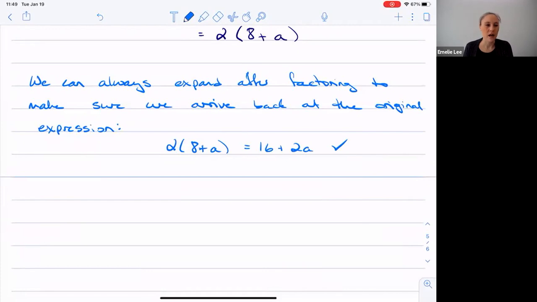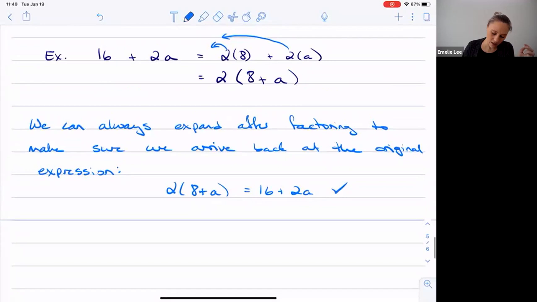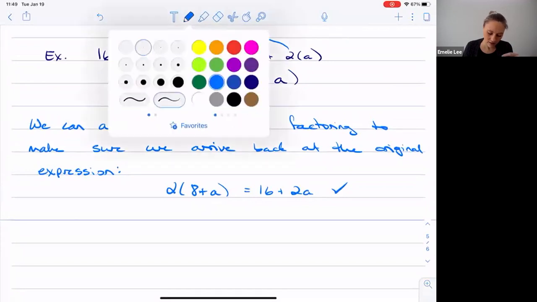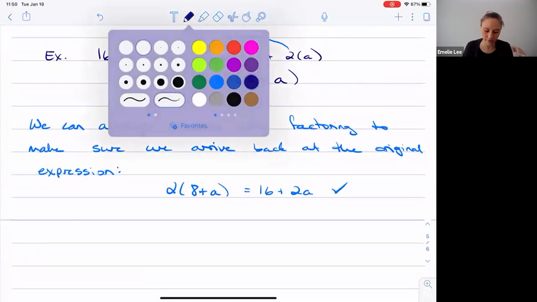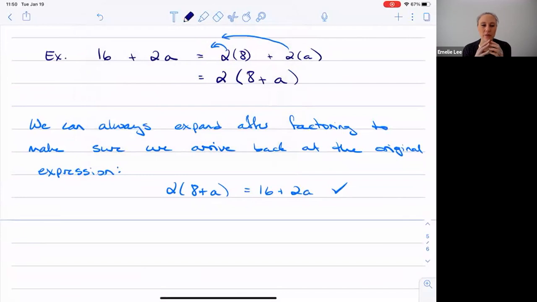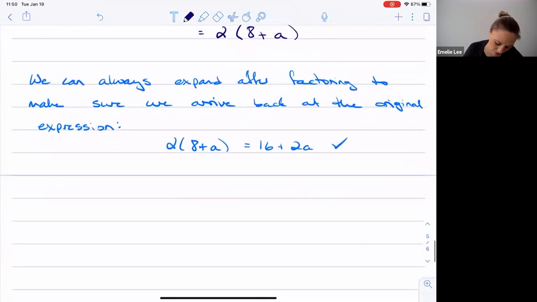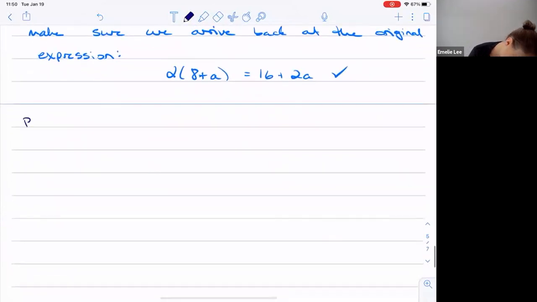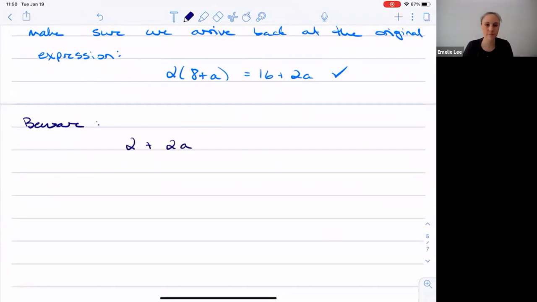So you've got 16 plus 2a, good. One thing to be careful about is if you have a multiple of 1, right? So beware of a situation like, let's keep it simple, 2 plus 2a.